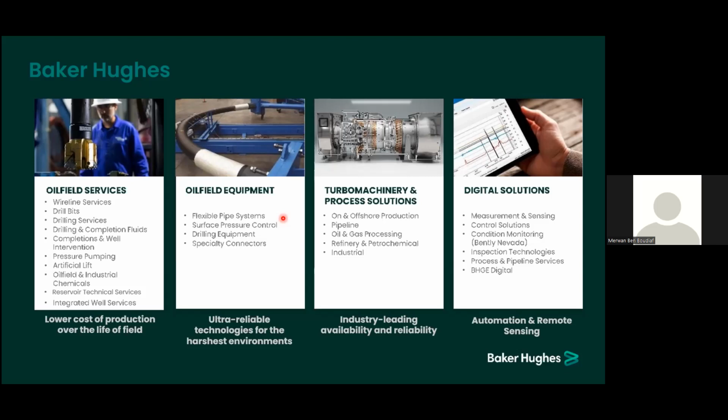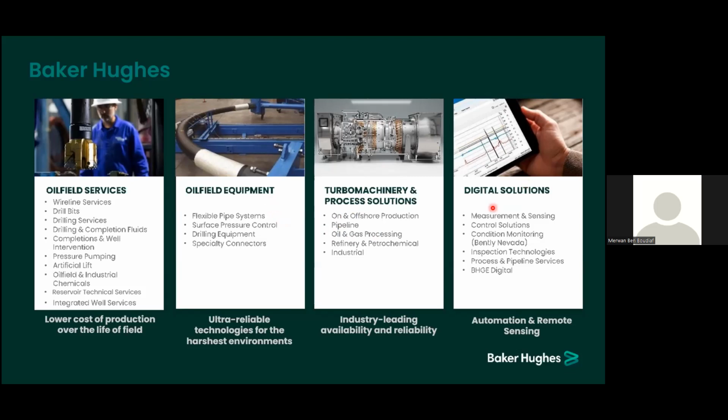The next one is called Turbomachinery and Process Solutions, or TPS. It is a very broad portfolio. They support all the onshore and offshore production and pipeline systems, so mainly they act along the midstream and downstream industry. And the last one is Digital Solutions.